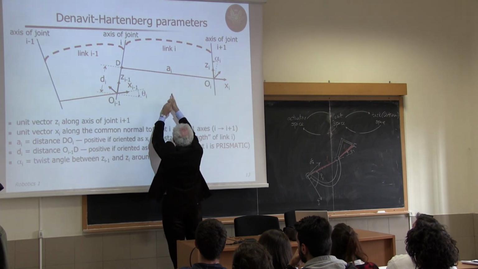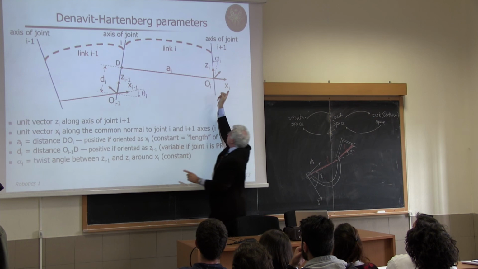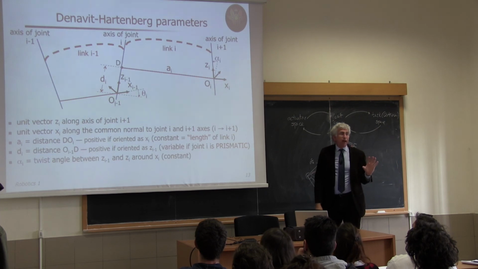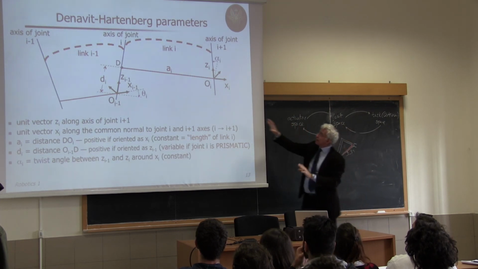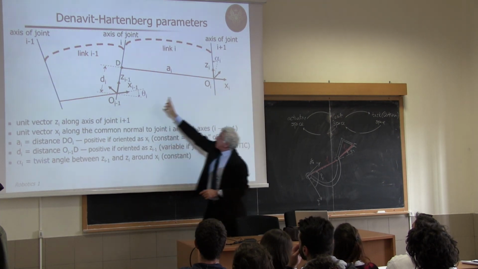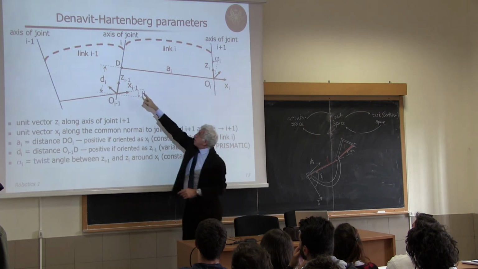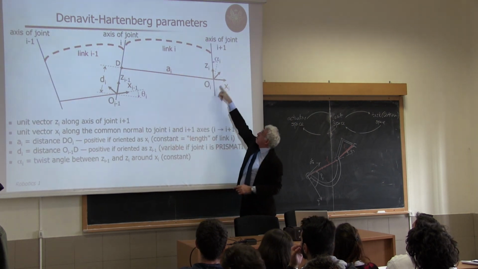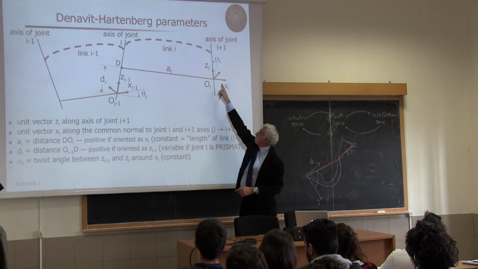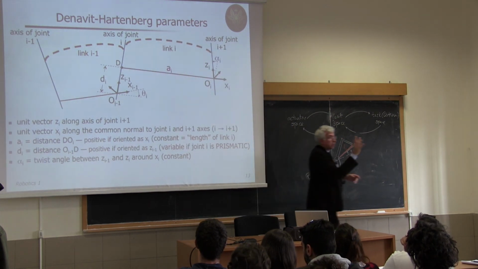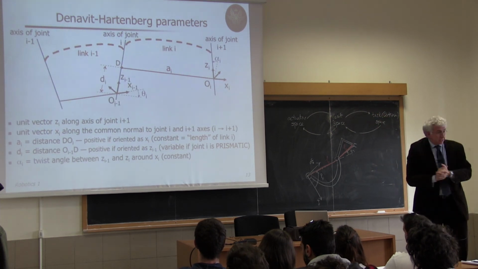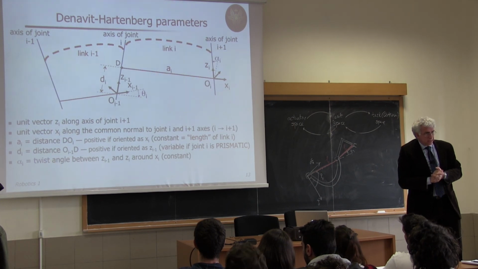If I bring it to a common plane and I look at the rotation, counterclockwise will be positive, clockwise will be negative. It's always alpha I. So here, more or less, if I take this z and I move it here, just moving along the common normal, I will go to this dashed line, and then I have to rotate around xi by this angle alpha I. Since I'm rotating counterclockwise, this alpha I for this picture would be, let's say, 20 degrees. Okay? It's clear enough?